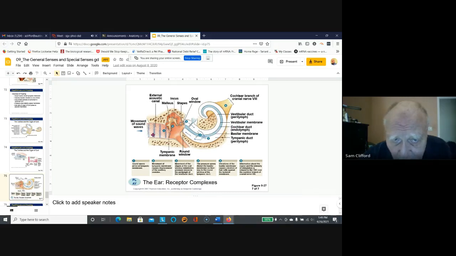So know that we have physical sound waves that cause vibration in the middle ear of the auditory bones, and then that is converted into waves within these fluids, and depending upon the frequency and intensity of these sound waves, different sections of the basilar membrane are going to respond, and that's how we distinguish between intensity and frequency.